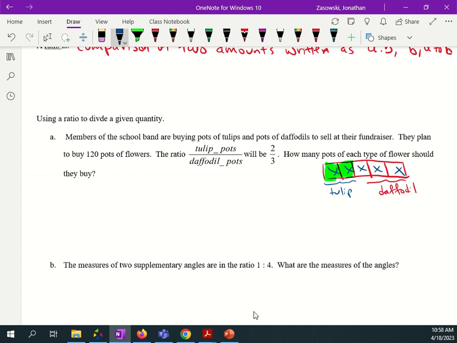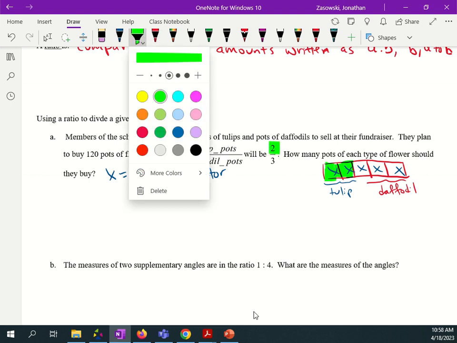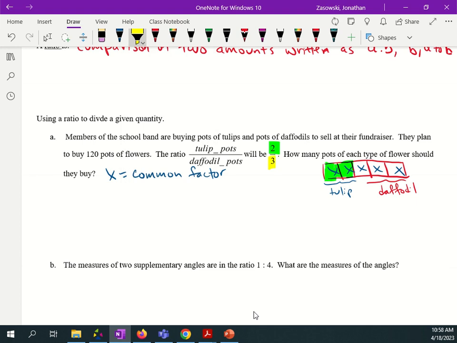So what we do algebraically is we're going to let x equal what's called our common factor. Okay? And we're going to look at each of the numbers in the ratio, and all we're going to do is attach an x onto those numbers.